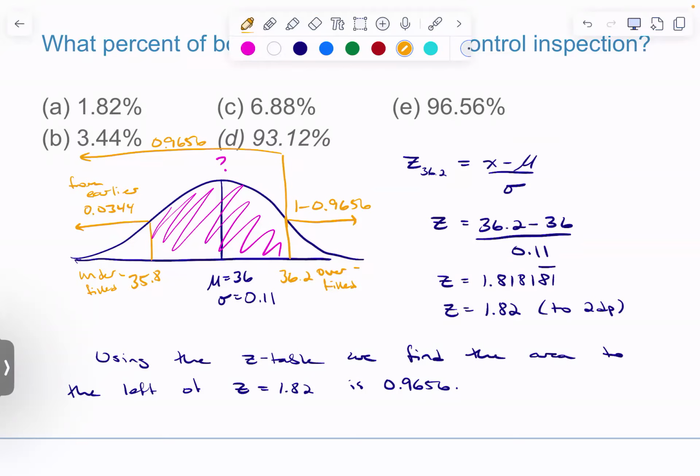Why don't I need it? By symmetry, it has to be the same as on the lower end because I moved the same distance from the mean, right? And it's symmetric. If I know the one area, then I also know the upper area.